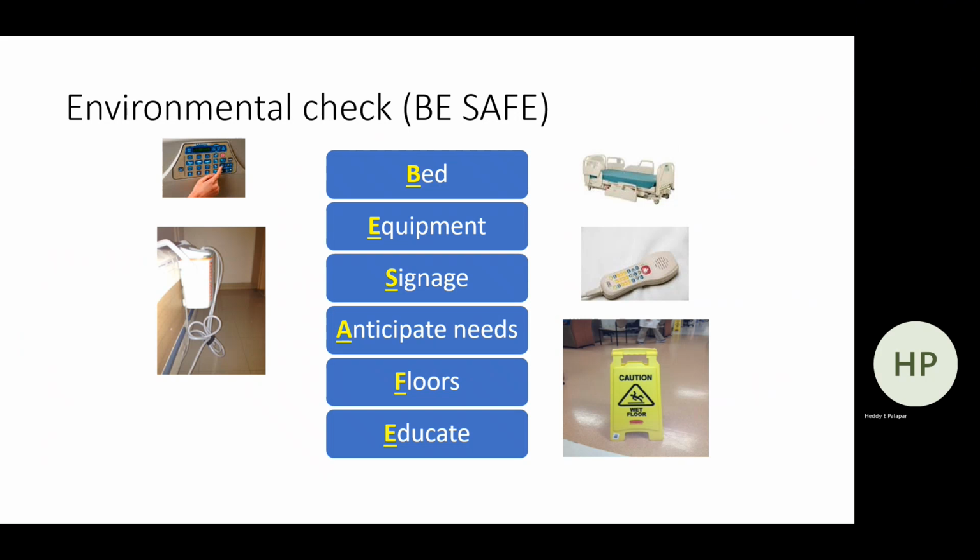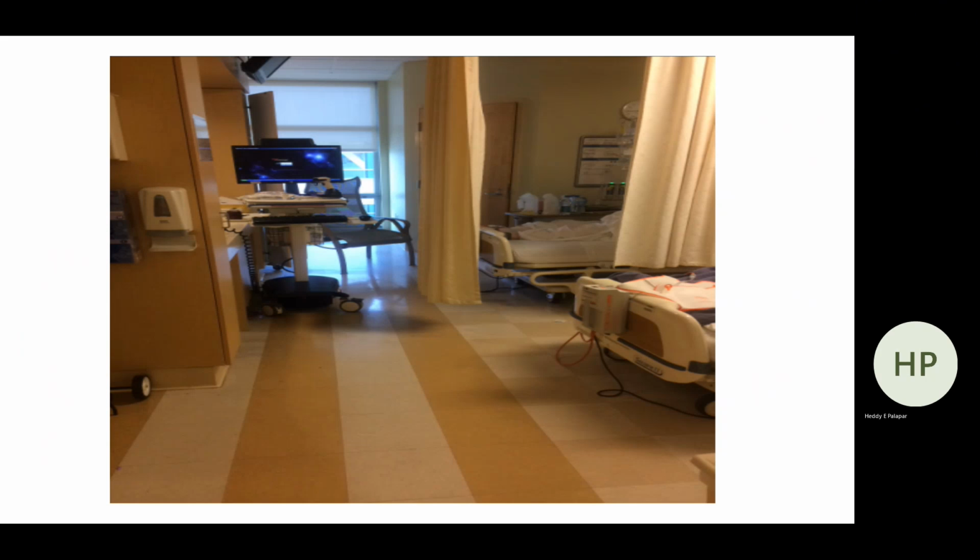In the next few slides, I'm going to point out some common environmental hazards that were captured during rounds. Please take some time to identify the environmental hazards recognized in this picture.